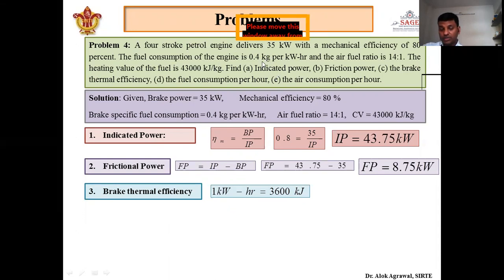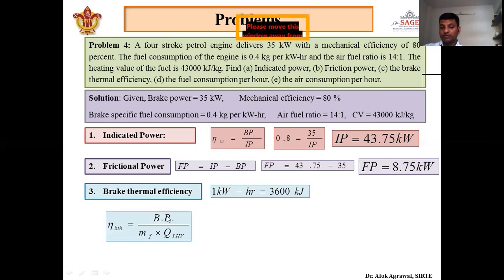Here 0.4 kg fuel is consumed when the engine produces a power of 1 kilowatt hour. So we can change our power output from 35 kilowatt to 1 kilowatt hour, which is 3600 kilojoule.